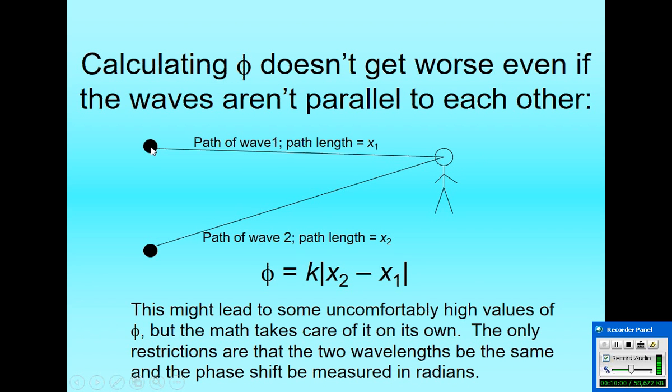The wave has to travel from the upper source to the observer, and the second wave has to travel from the lower source to the observer. And of course, they have to meet each other at the same time for there to be an interference effect. But they can have different path lengths, one x1, the other x2.